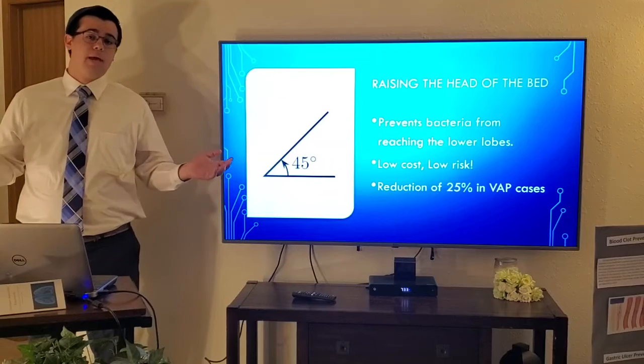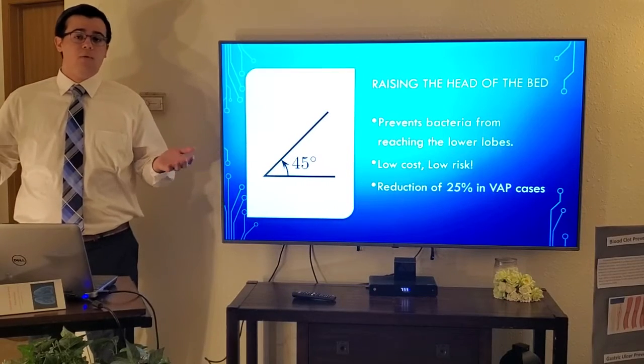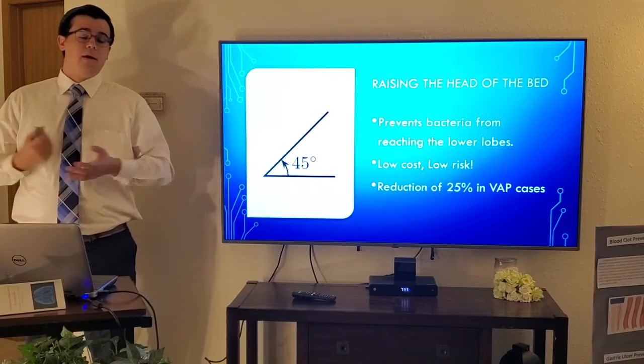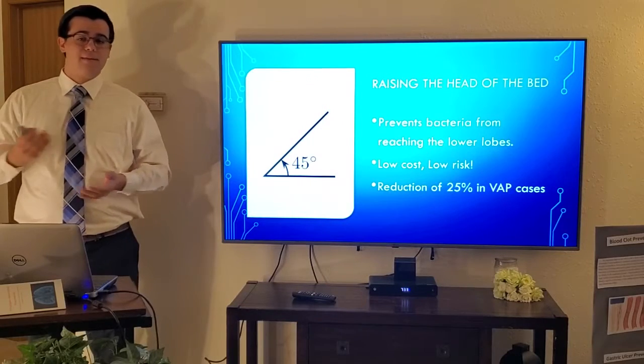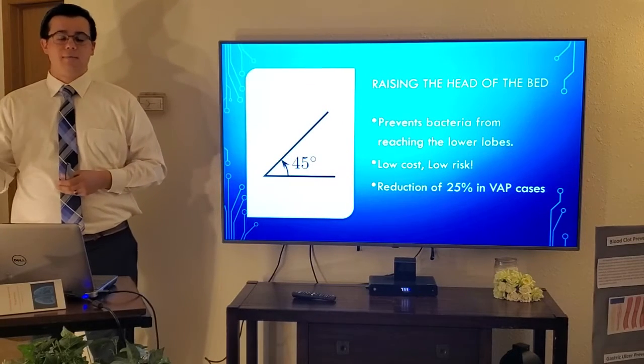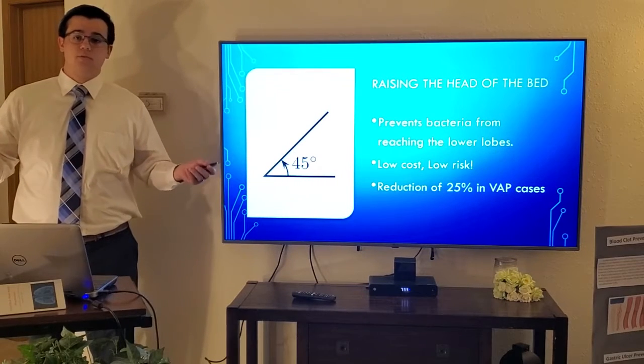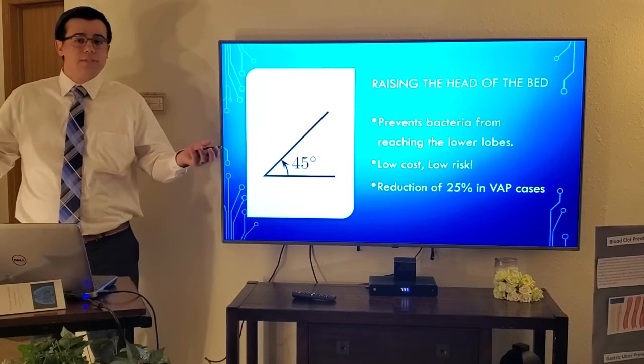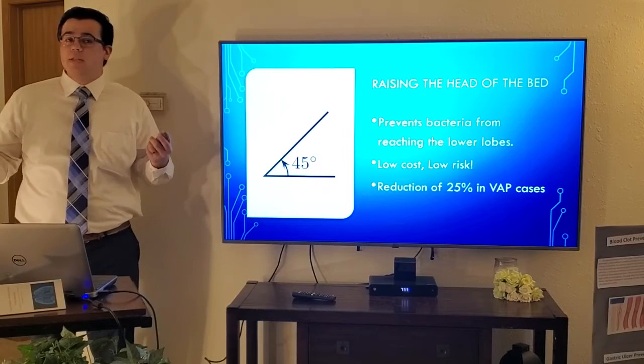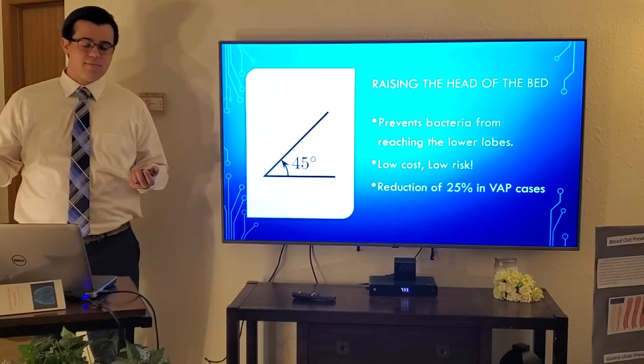We've already paid for the bed 700 times over with how many patients have been in that bed. All you have to do is hit the button to make the bed go from flat to 45 degrees. It's incredibly low cost and low risk to the patient. The patient typically doesn't have a problem sitting at a 45-degree angle.